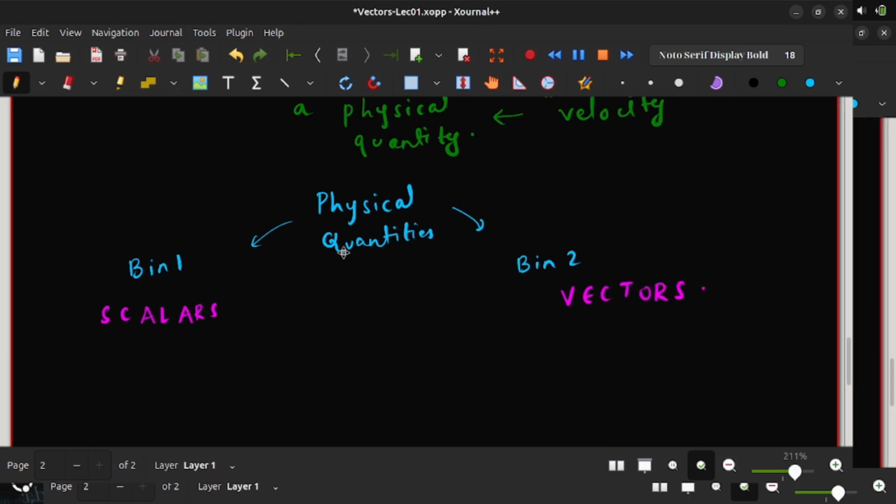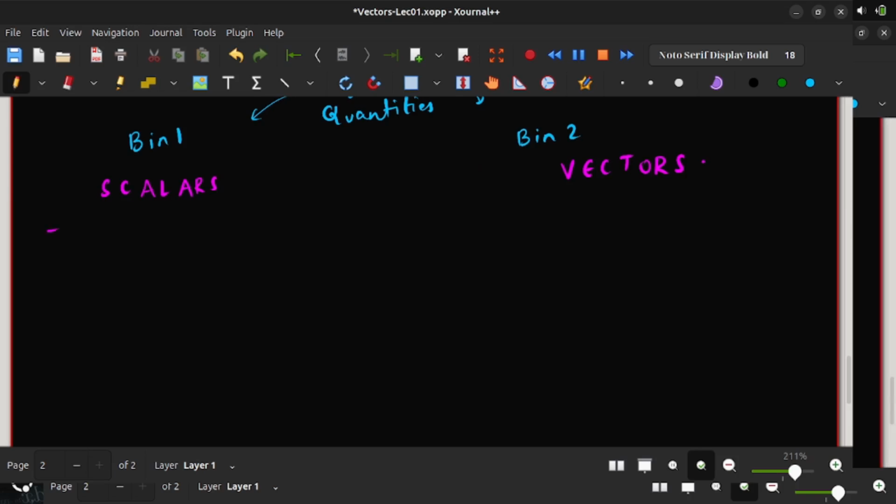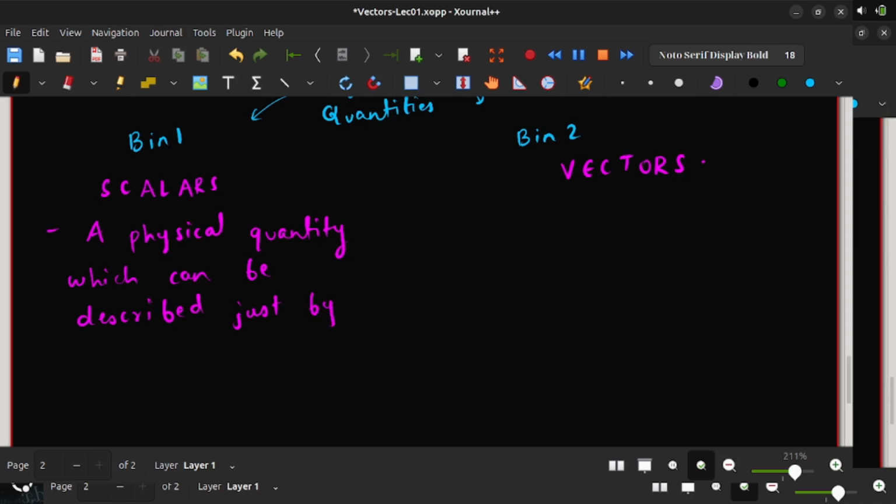So what is a scalar quantity? A physical quantity which can be described just by providing a number is called a scalar quantity.